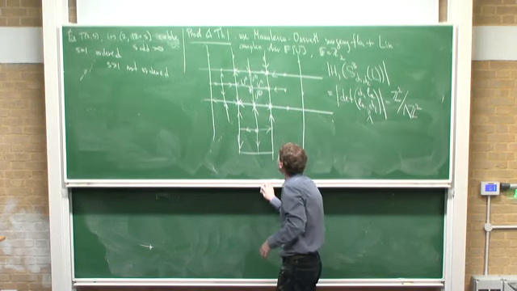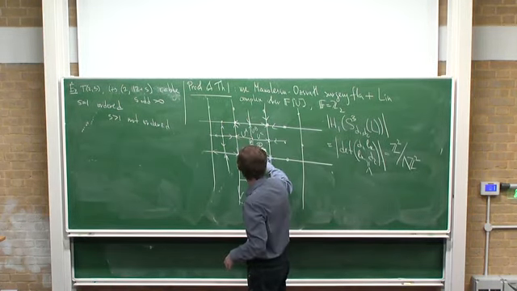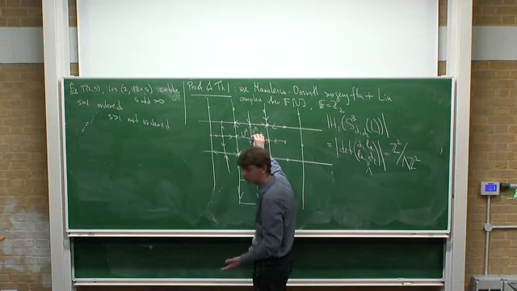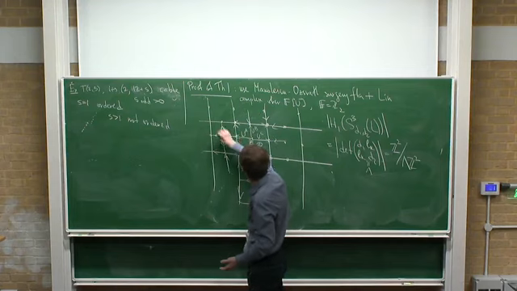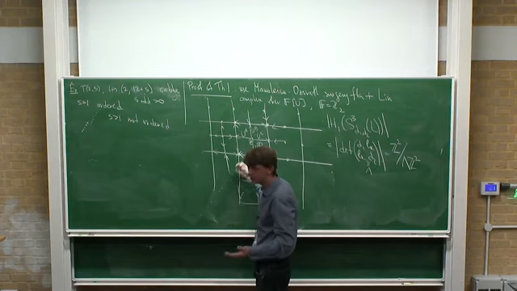So how do you kill this cycle? You can kill this cycle either by Z, but it doesn't kill it, or by a linear combination of all centers everywhere. That's the only way you can do this.